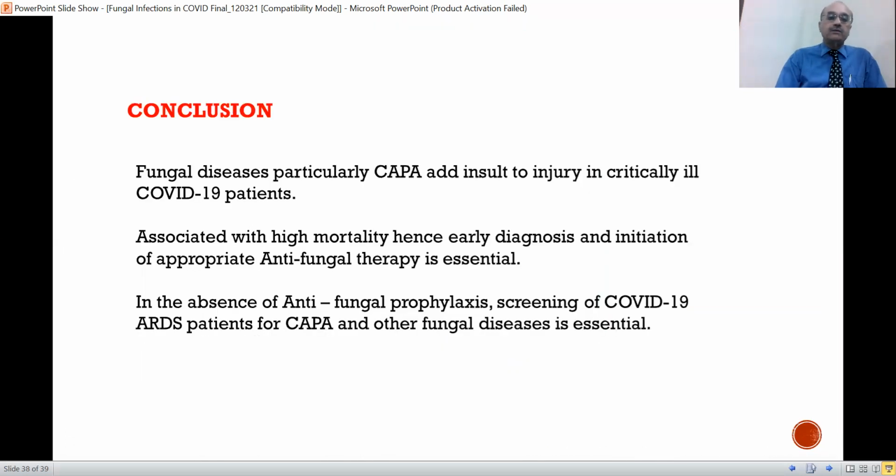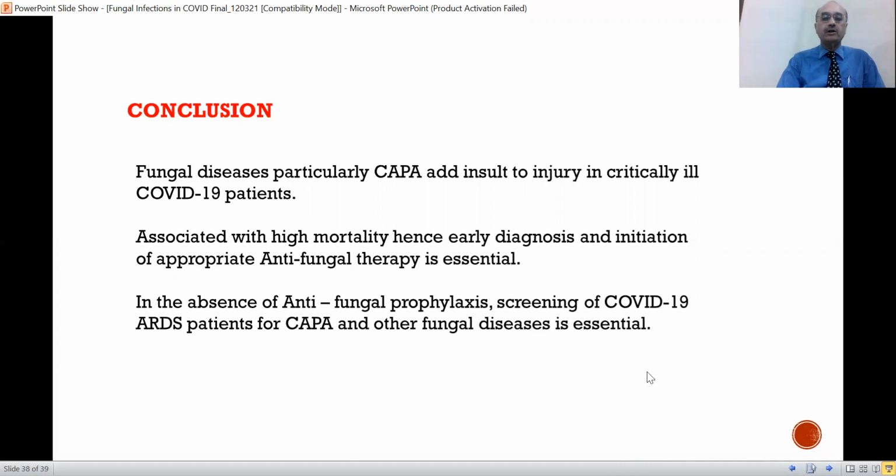So in conclusion, I would like to say that fungal diseases, particularly COVID-associated pulmonary aspergillosis, add insult to injury in critically ill COVID-19 patients. This is associated with high mortality. Therefore, it is very important to make an early diagnosis and to initiate the appropriate antifungal therapy at the earliest.